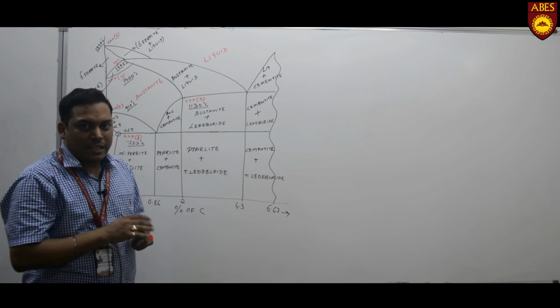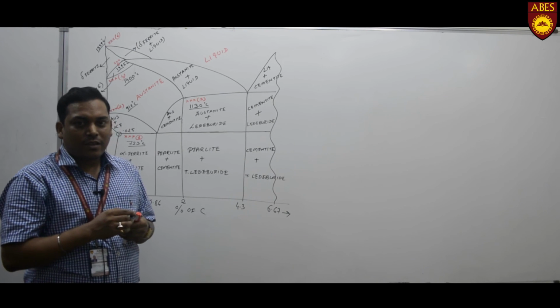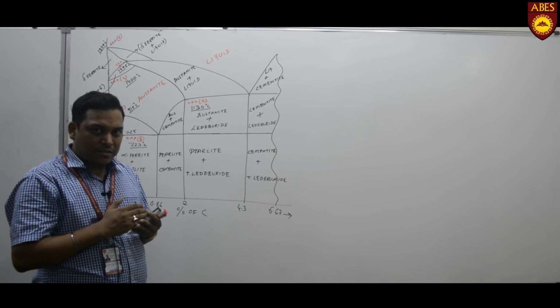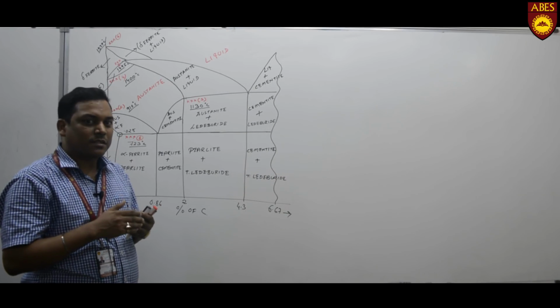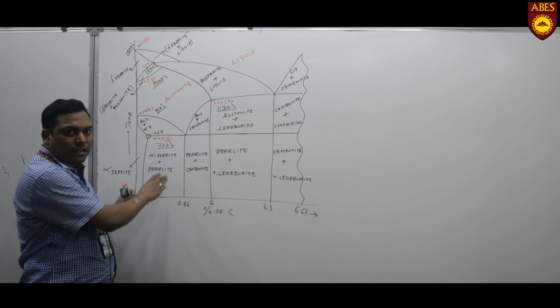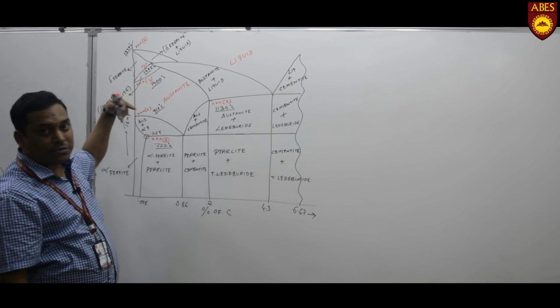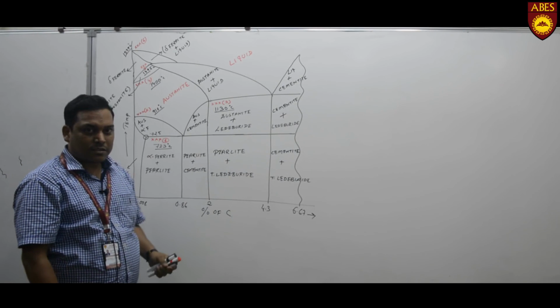First of all, the BCC structure, then FCC, then again BCC. If we see this structure, this starts as the BCC structure, and then it is transferred into the FCC, and then again it is transformed to the BCC structure.